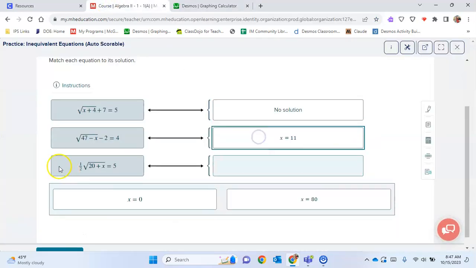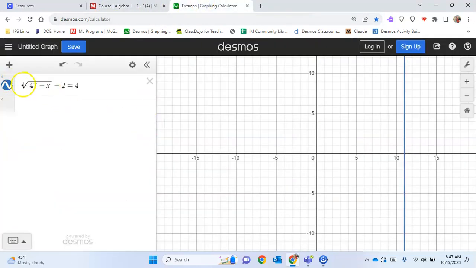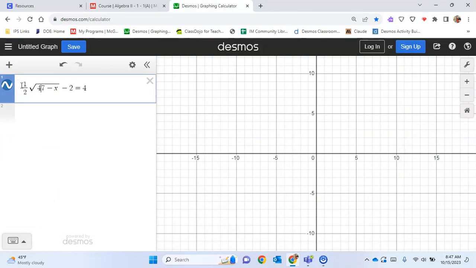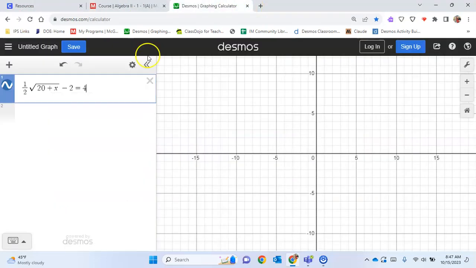And the last one, 1/2 times the square root of 20 plus x equals 5. We multiply both sides by 2.